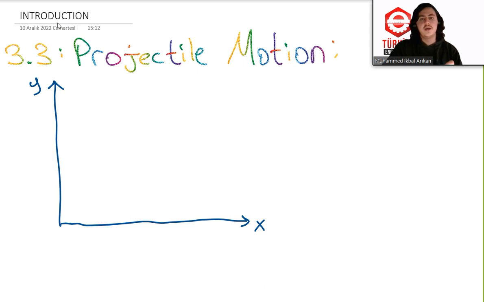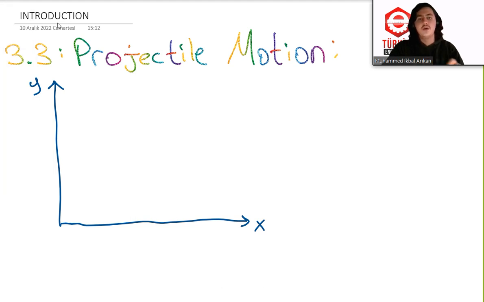It's projectile motion in 2D. Actually, projectile motion cannot be in one dimension. It can only be in 2 or 3 dimensions. I will skip 3 dimensions. We will not study 3-dimensional projectile motion in this course, but we will study 2-dimensional projectile motion, so it will be easy, inshallah.